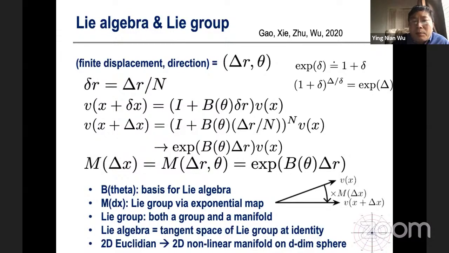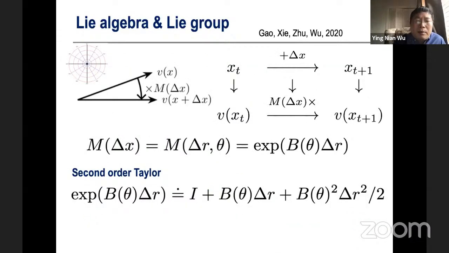And then the Lie algebra is really just the tangent space of the Lie group at the identity. So therefore, we are embedding this 2D Euclidean space into the nonlinear manifold on this d-dimensional sphere, because we assume that's a rotation.